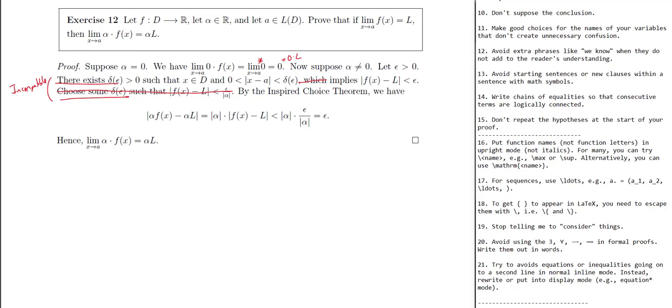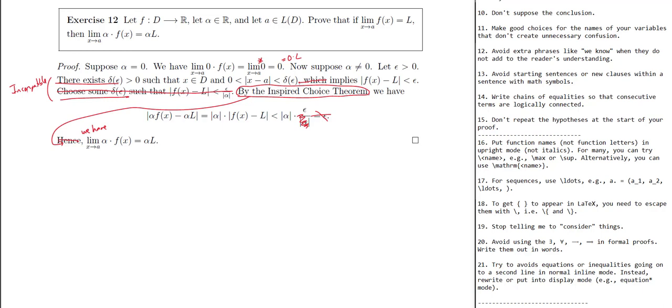So that's what we could do here: if you want to use the inspired choice theorem, then just get rid of this, and you just say, okay, this is less than alpha times epsilon, get rid of this epsilon. And so actually you're going to move this down then. You say, we have, this is true, so this is less than alpha and epsilon, and then by the inspired choice theorem, get rid of the "hence", we have that this limit is equal to alpha L.